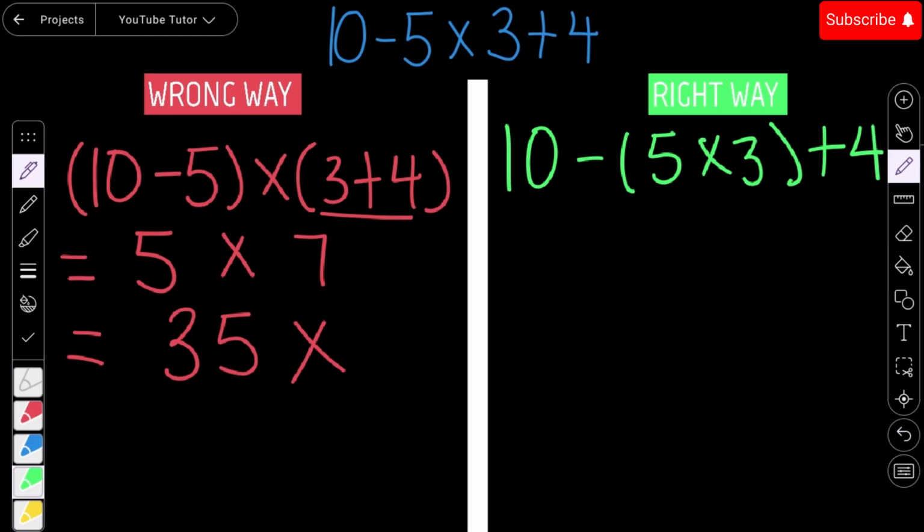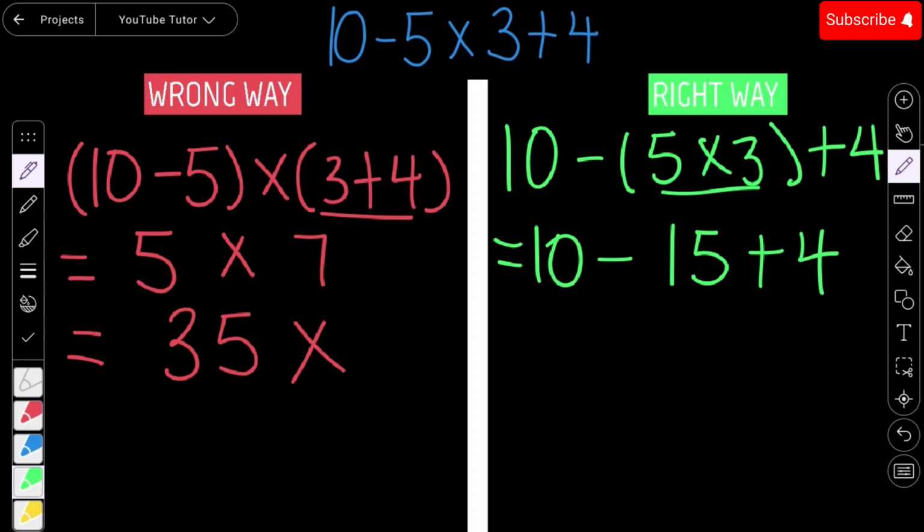So now this gives us 10 minus 5 times 3, which is 15, plus 4. Okay, now following the order of operations, 10 minus 15 gives us negative 5, then plus 4 ends up giving us negative 1. So this is the correct answer.